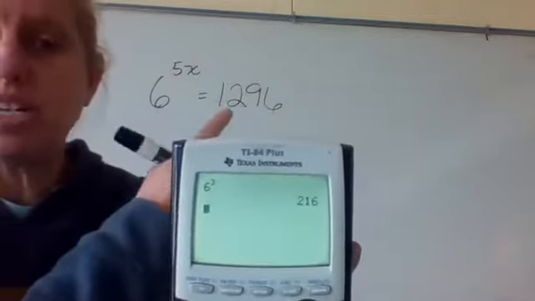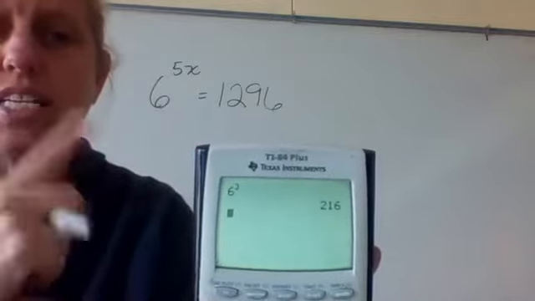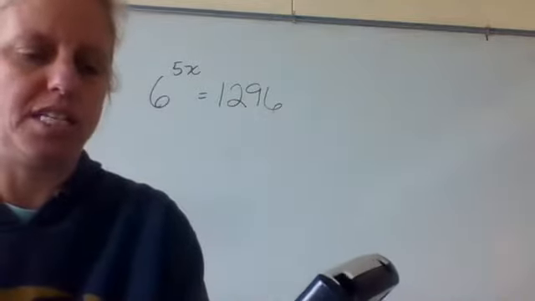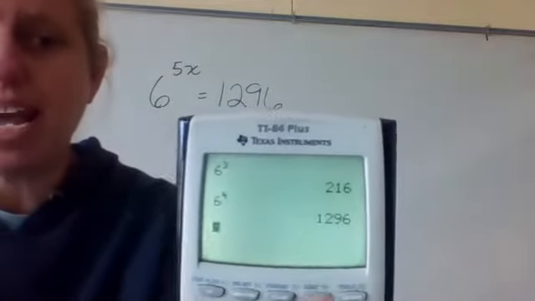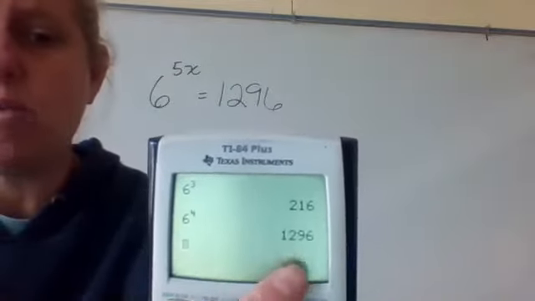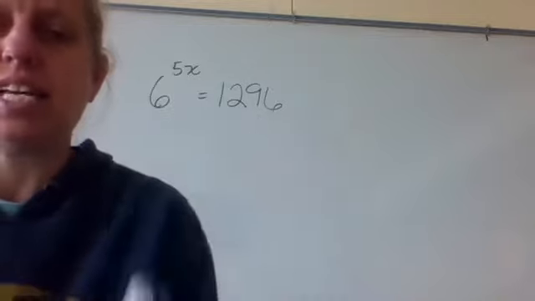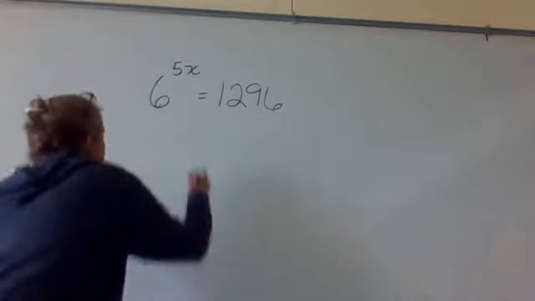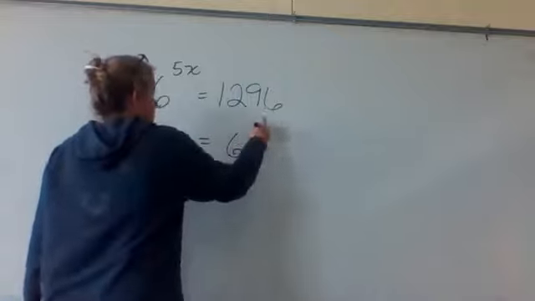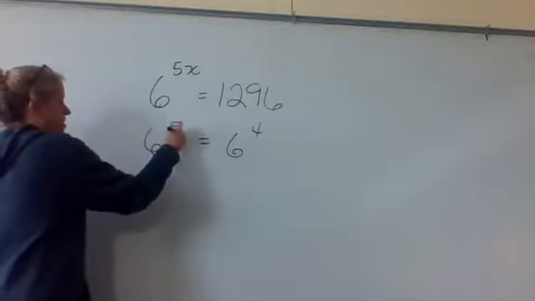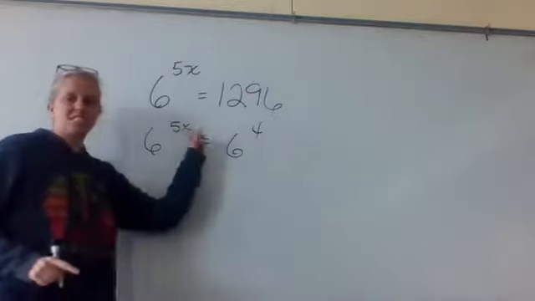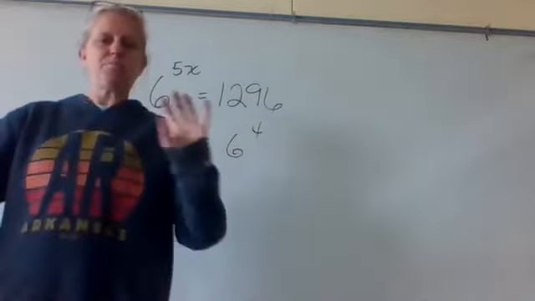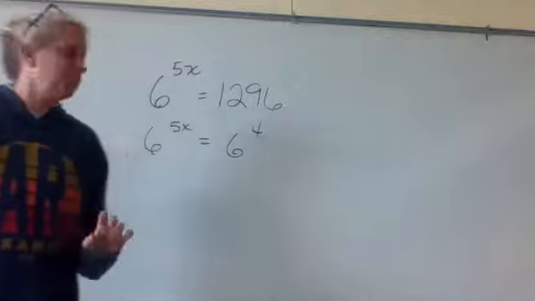So I'm either eventually going to land on 1296 or pass it. So let's try 6 to the fourth. Well, there it is, which means I can rewrite 1,296 as 6 to the fourth power. So if you can make the bases the same, like I've done here, then you can just set up an equation with the exponents being equal.